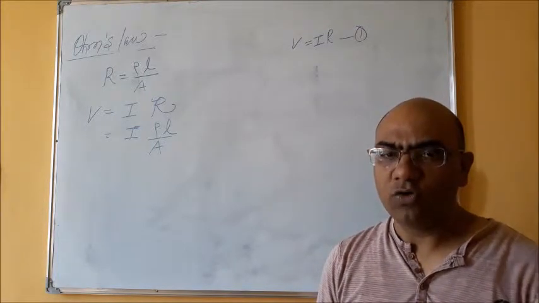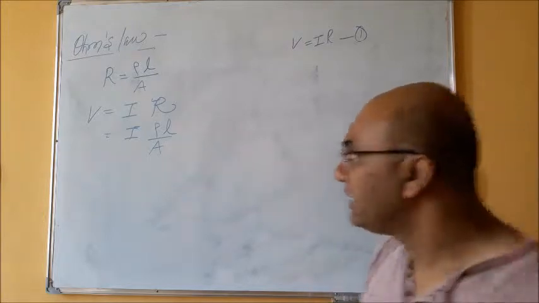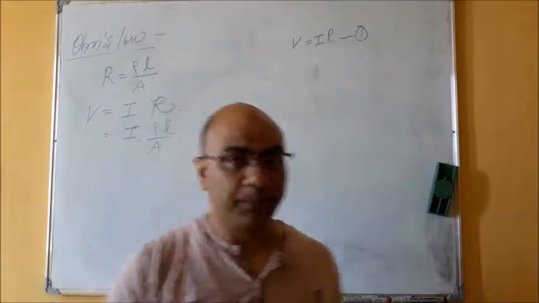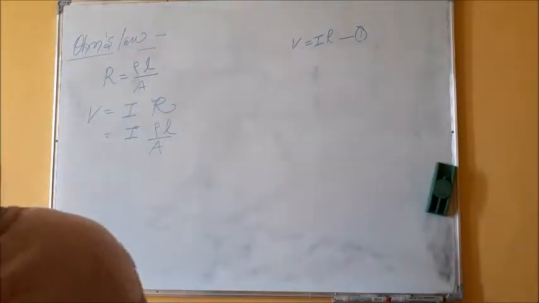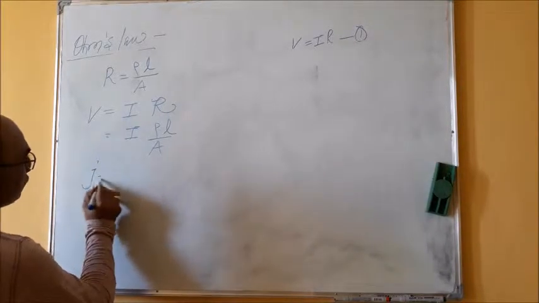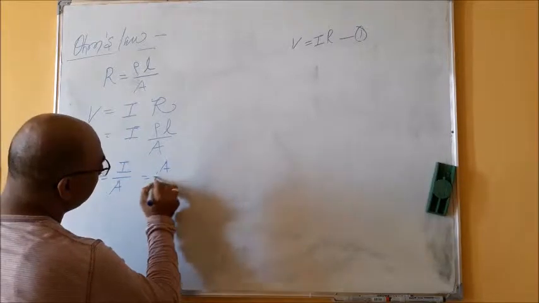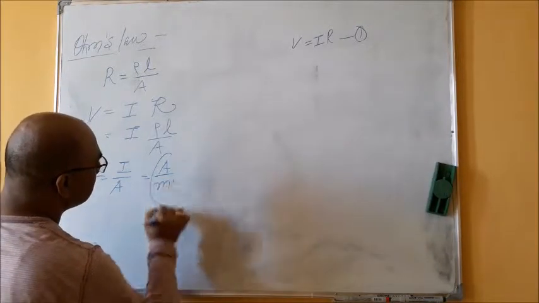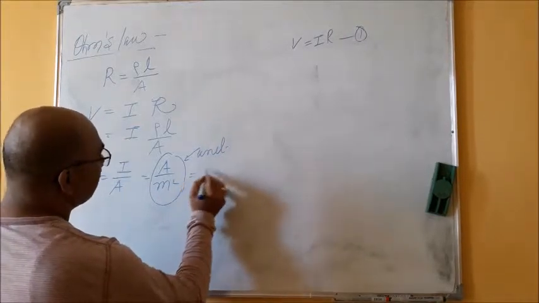So if we know the current for unit area, then current density is defined as I upon A, right? So if I am denoting the current density by J, so what is J? J is I upon A, meaning ampere per meter square. This is the unit of J. J is what?